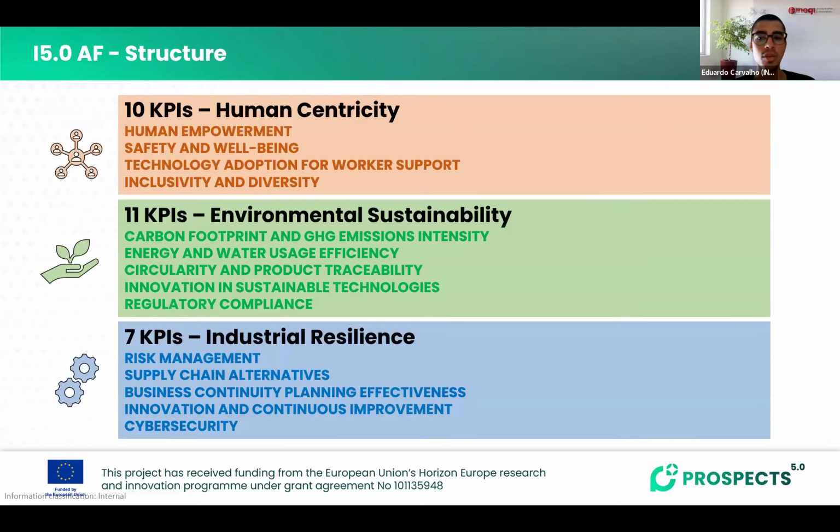We end up coming with a set of KPIs that were categorized into 3 different pillars: human centricity, sustainability, and resiliency. And as you can see, we have a set of 28 KPIs that assess different criteria.